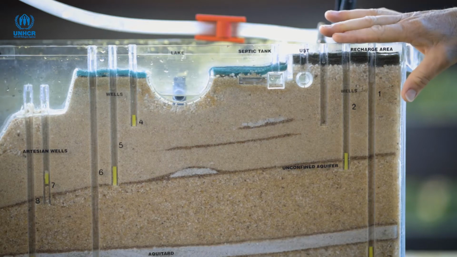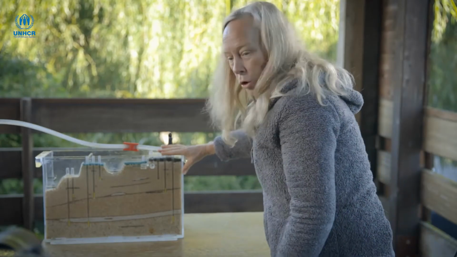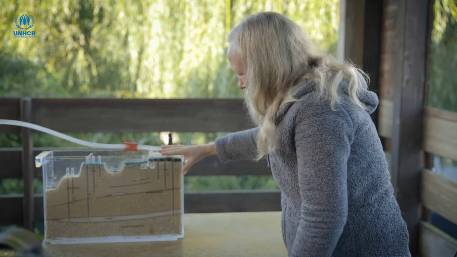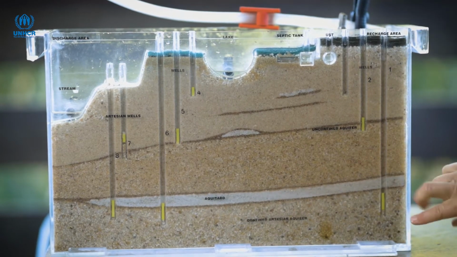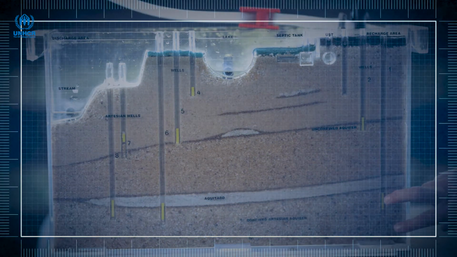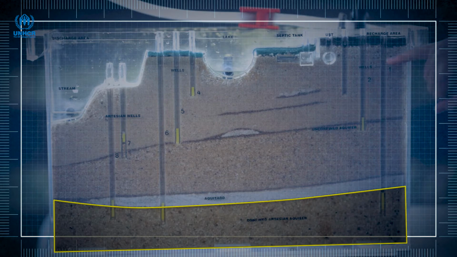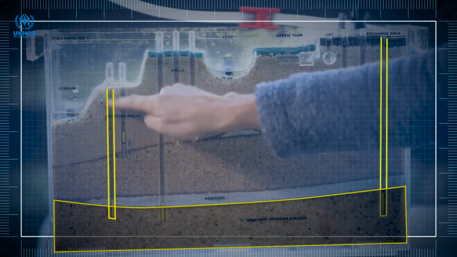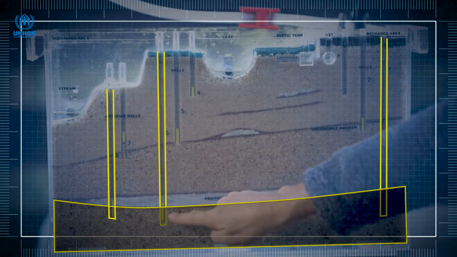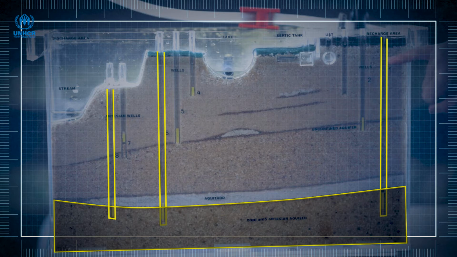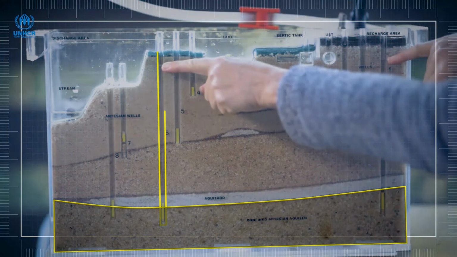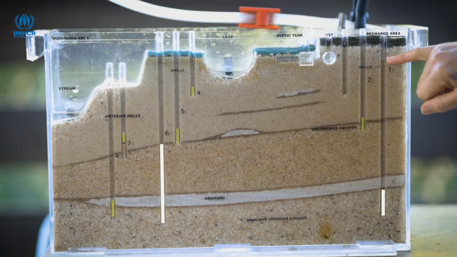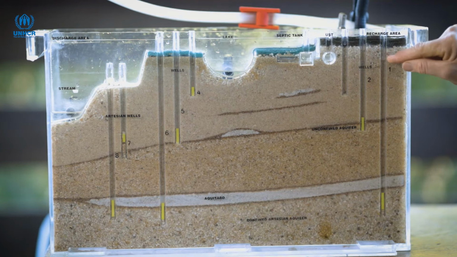So that is why it is extremely important to know the depth at which a well has been drilled. If we want to know how the water flows in this aquifer layer, we have to compare the water level in this well with the water level in this well or in this well. So here, if we compare number 1 with number 6, we will see again a very small difference in height.